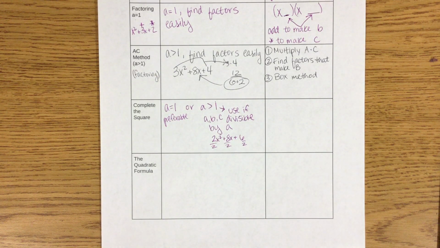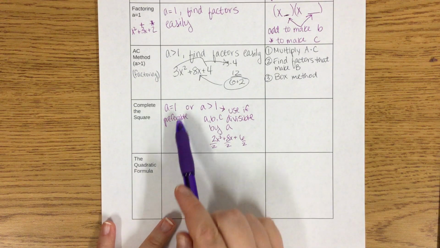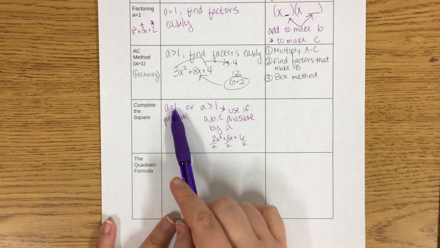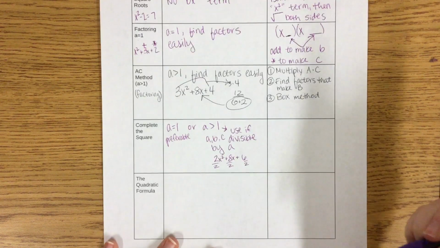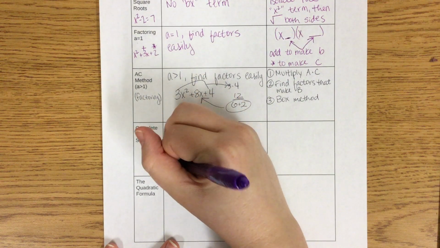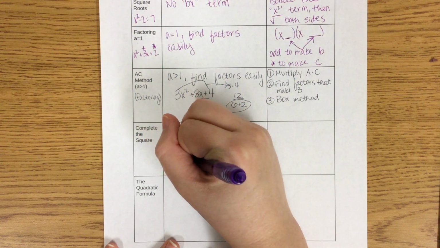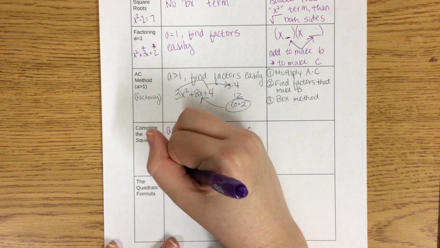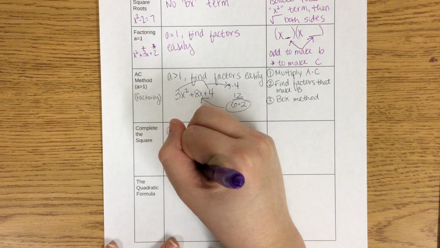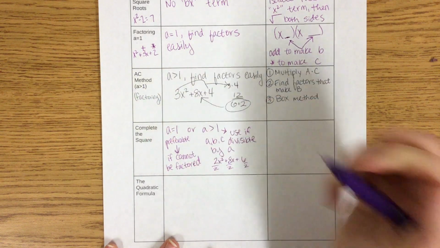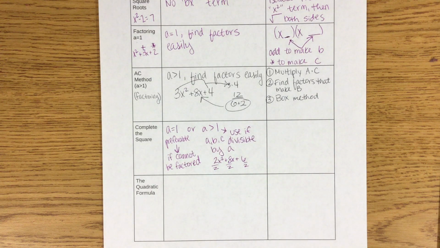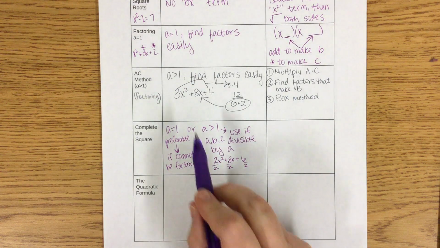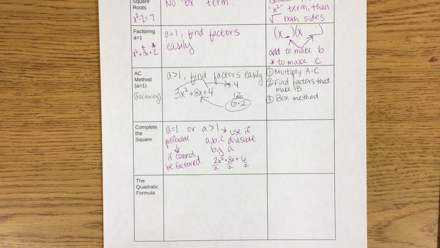I would only use this method on A equals 1 if it cannot be factored, because factoring is much quicker than completing the square. So if you can factor it, do that. But otherwise, you can complete the square on it.